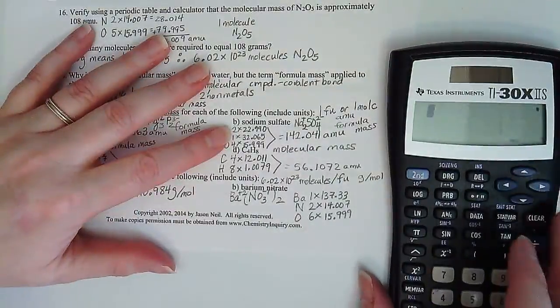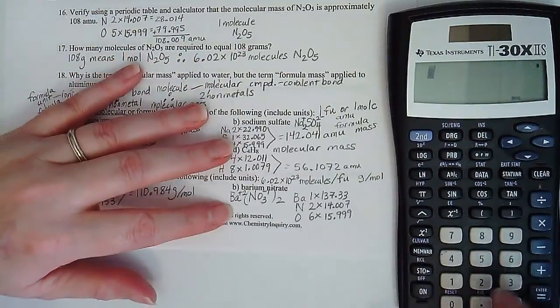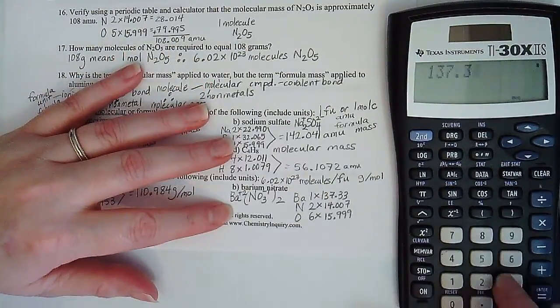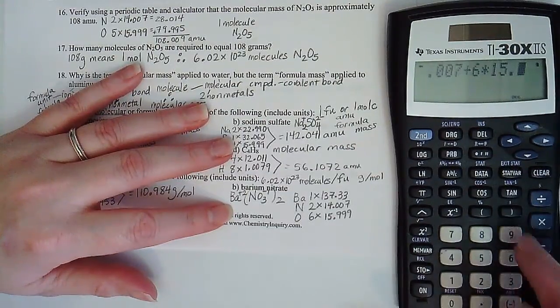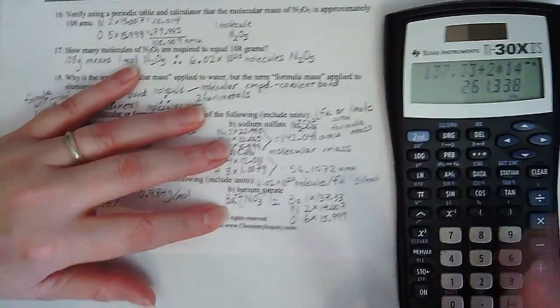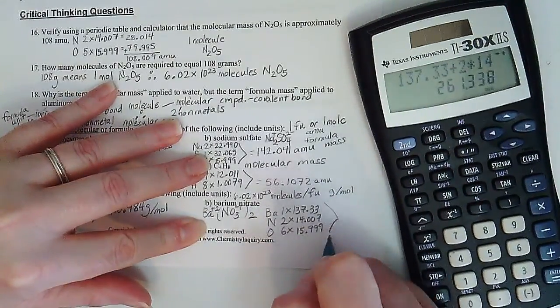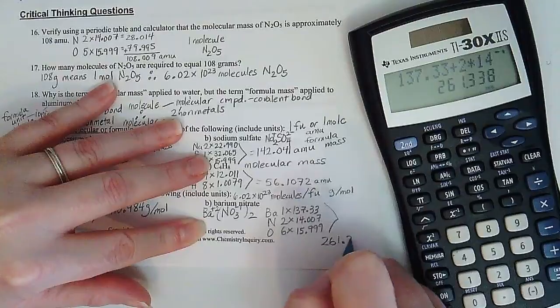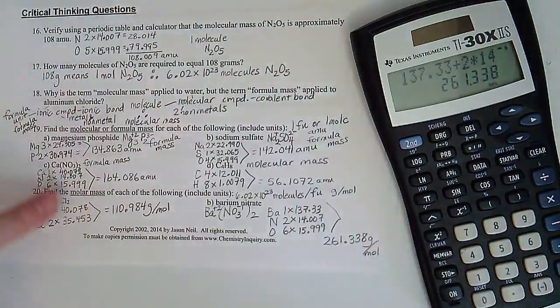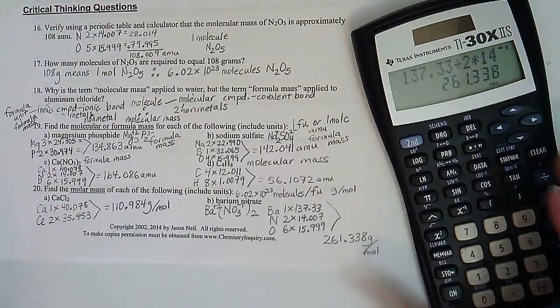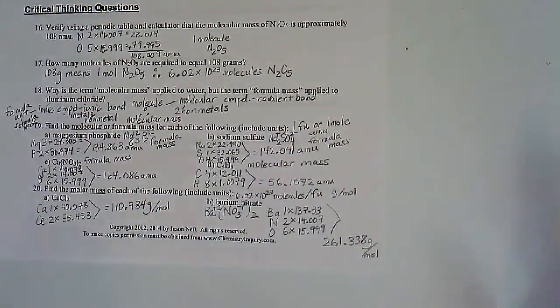Again, I'm going to do that all on my calculator. Okay. So I have 261.338 grams per mole because again, I'm talking about my molar mass. So I do the problems themselves the same way.